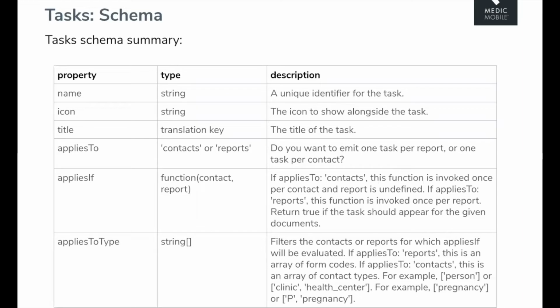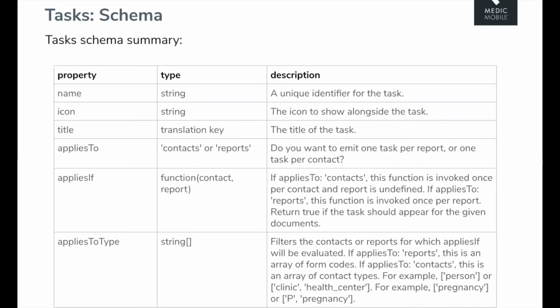Then you have the applies to property, which is about whether or not you want to emit one task per report or one task per contact. So this is set to either contacts or reports, depending on what behavior you want it to have. So if you want every report to have a certain task that it triggers, then you would put reports.